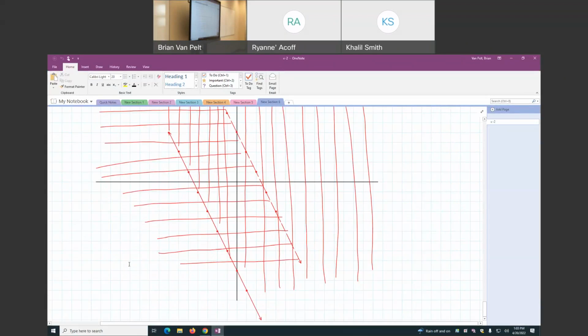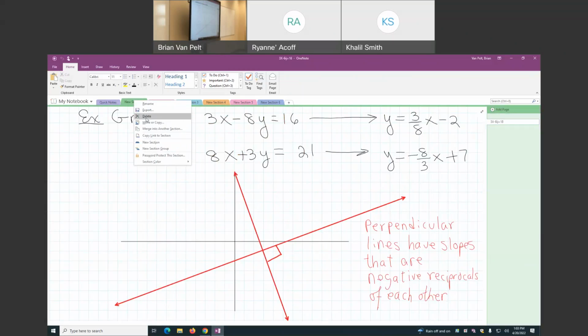It's two, actually. Okay. Let me go and start this up. I'm going to delete some of these. I don't need these around.